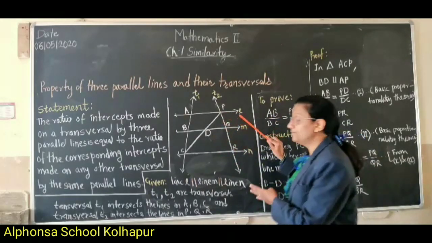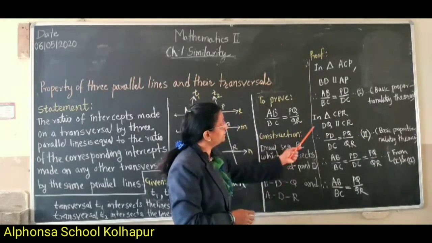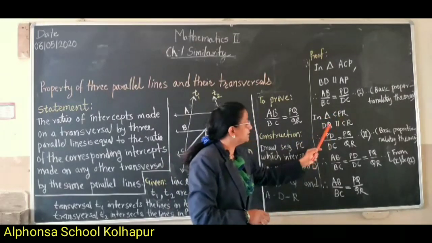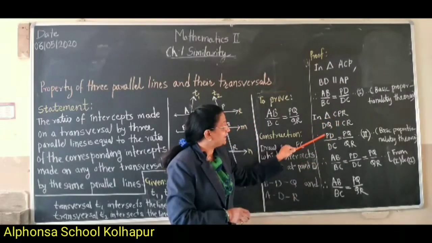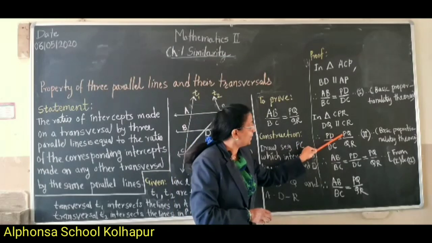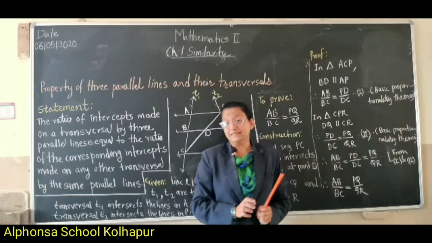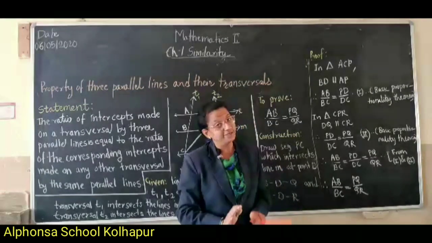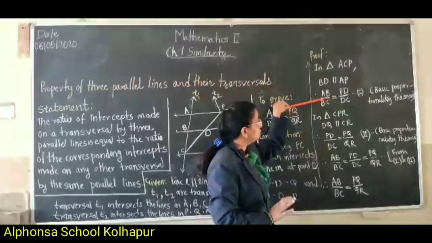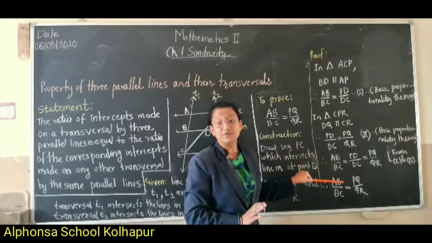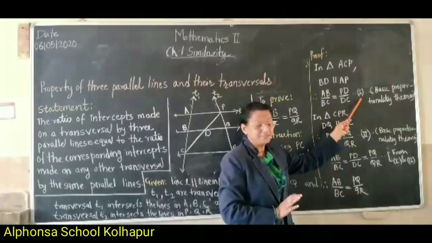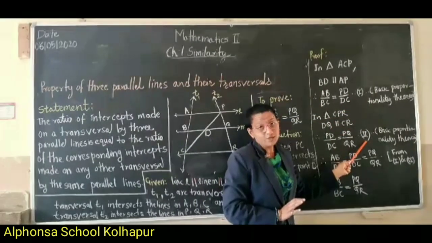So the same we will write here. Just see, in triangle CPR, as DQ is parallel to CR, PD upon DC is equal to PQ upon QR. Here also we have written the reason, basic proportionality theorem. As we are going to use these both statements once again, we are going to mark this as 1 and this as 2.